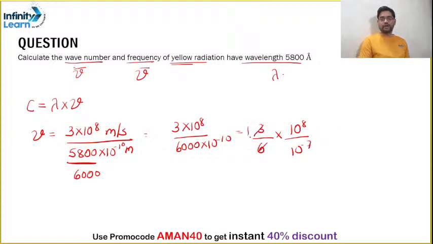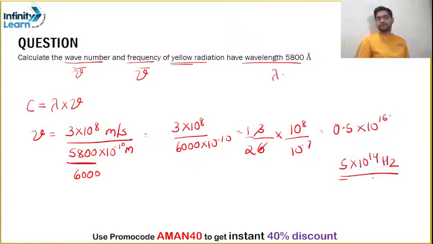This is 1 by 2. That is equal to 0.5 into 10 raised to 15, that is 5 into 10 raised to 14 hertz. So this is the frequency.